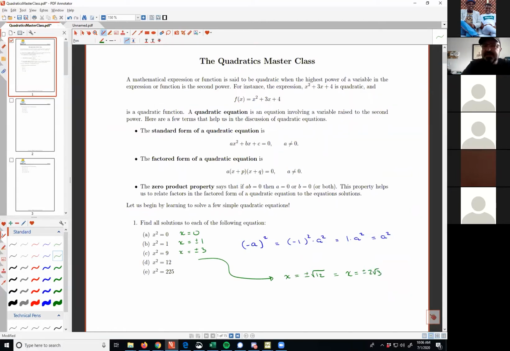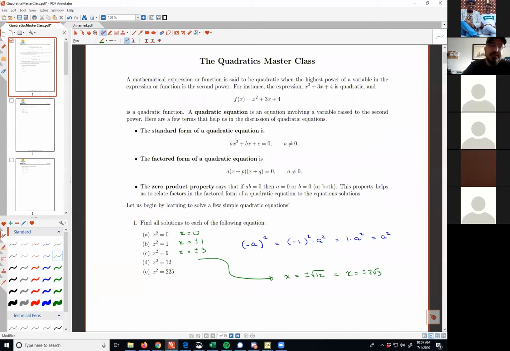And this is important. We're going to see much harder quadratics than this. What we need to do is go from something that is quadratic to something that is linear, something where the variable is just raised to the first power. And in order to do that, we take the square root when we can.